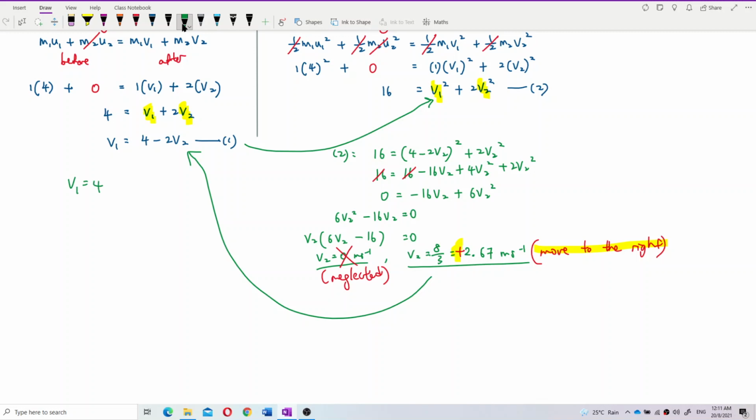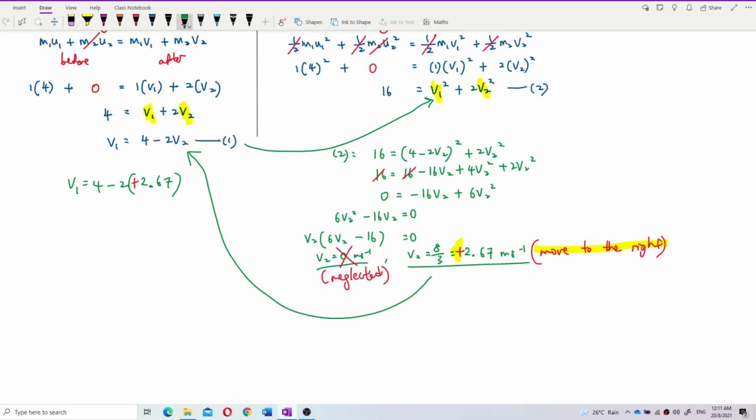V1 is equal to 4 minus 2 times V2, where V2 is positive 2.67. Let's calculate. 2 times 2.67, and then 4 minus that answer.